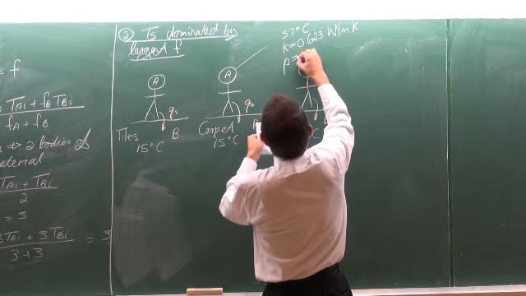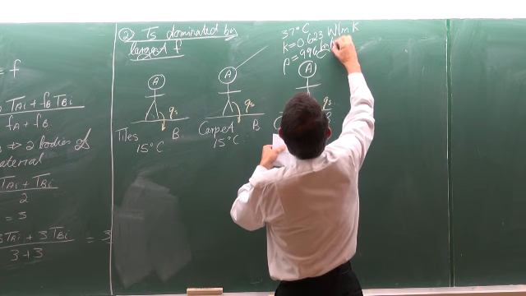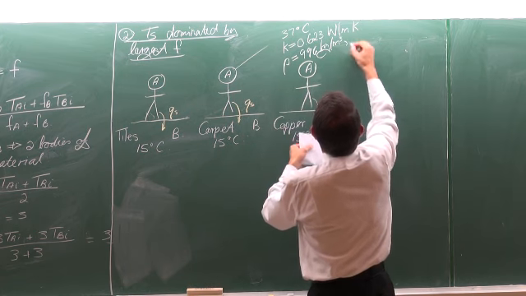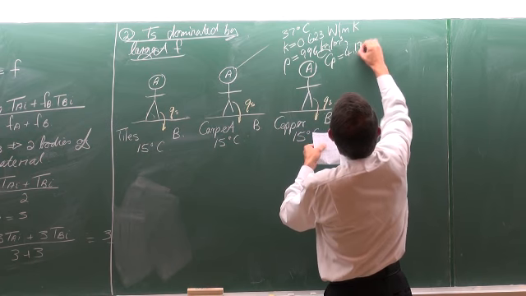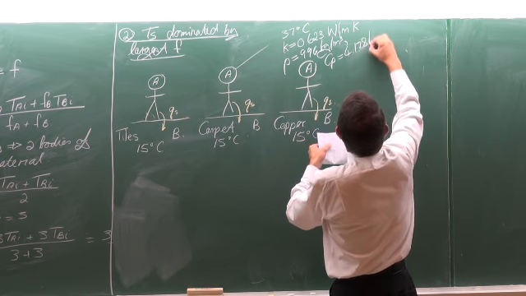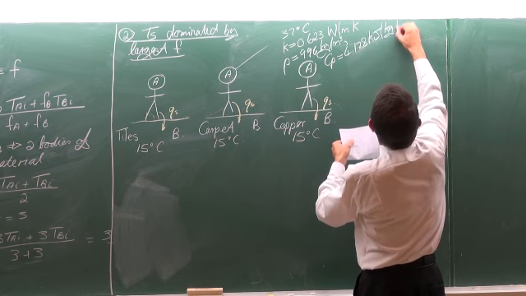The density, which is equal to 996 kilograms per cubic meter. And Cp, which is equal to 4.178. Take note, kilojoules per kilogram Kelvin.